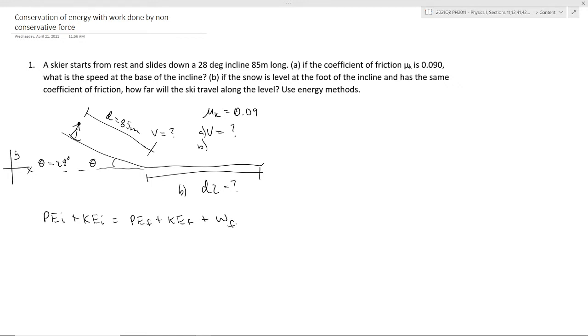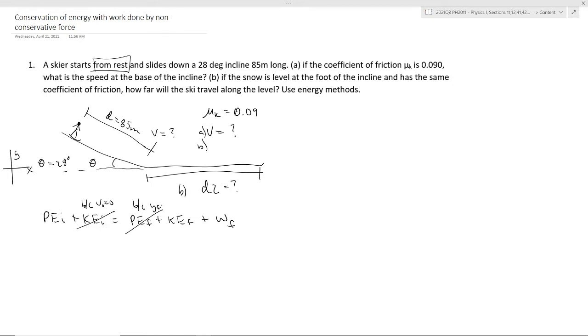So the potential energy, there is no initial kinetic energy because he's starting from rest. And then at the bottom of the hill, there will be no potential energy because y equals 0.